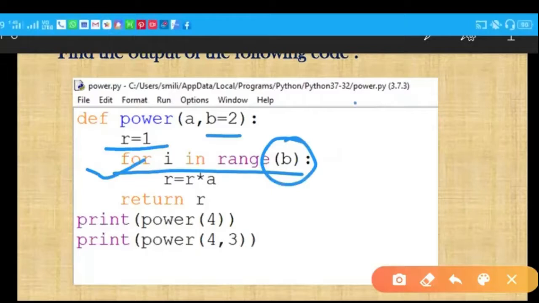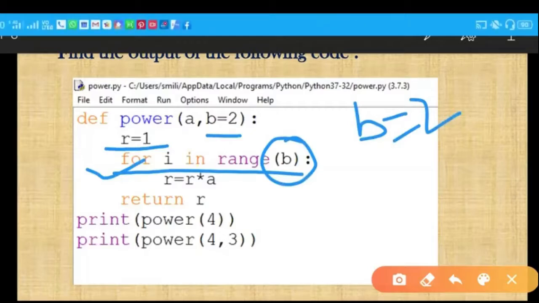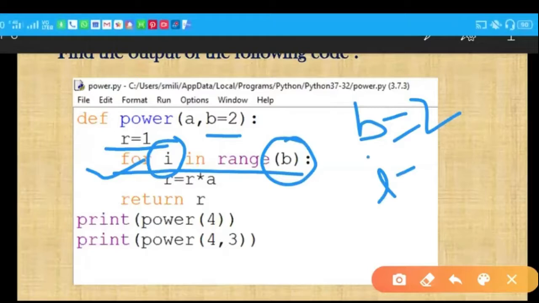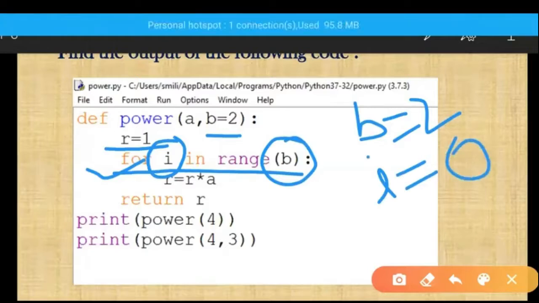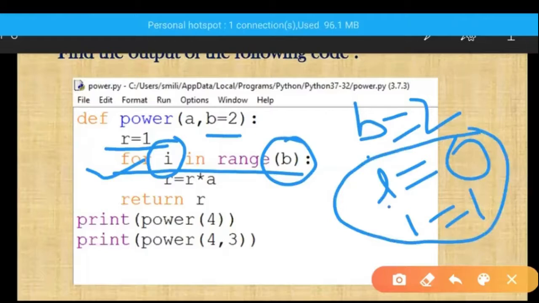When the value of b is 2, how many times will it run? The initial value of i, when I am not providing one, will be 0. Next time i will have the value 1. So it will run twice. Okay.